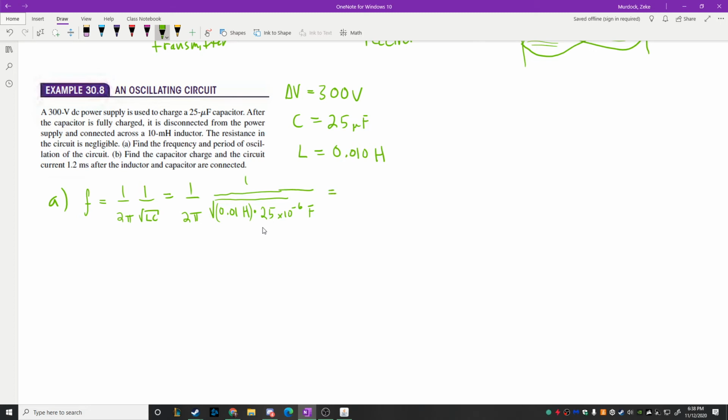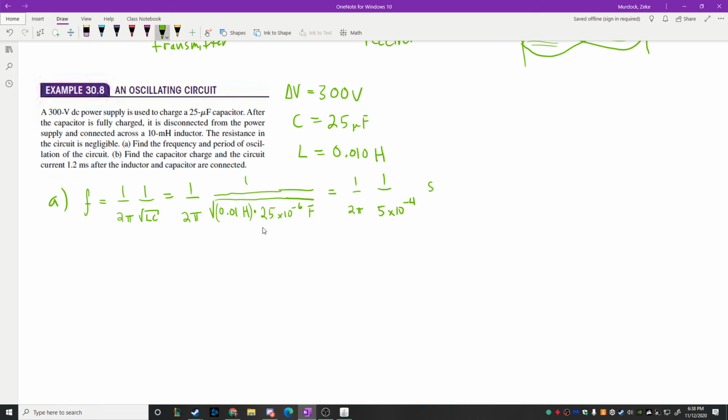If y'all could calculate what that is. We could do this pretty easily, but the 2 pi part's going to throw me off. I think this is what you're going to get, but then I don't know what this is, so I have to calculate that.